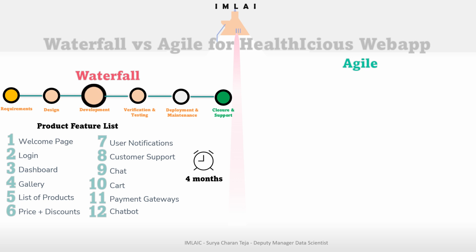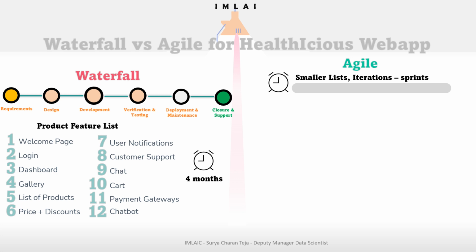In addition to that, now if you do the same project with agile methodology, how does it work? Let's take up this project in agile methodology. In agile methodology, everything is in sprints or iterations.